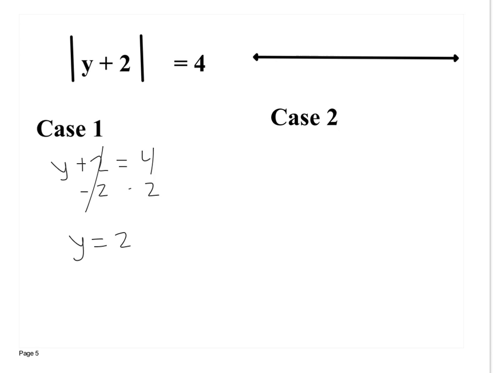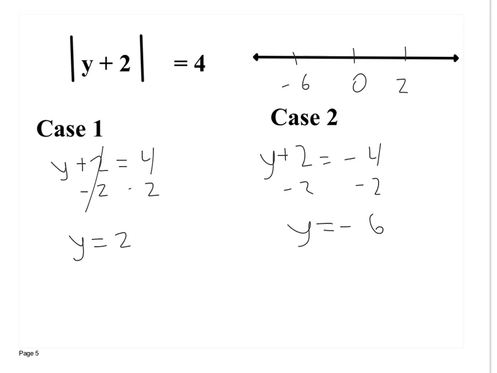So now I do case 2. Case 2 is where it's negative. So I rewrite it, but I make 4 negative. Okay, I subtract 2 from both sides. Y equals negative 6. There's my two answers. And what I want to do is look to see if this is right. If I add 2 to 2, what do I get? 4.